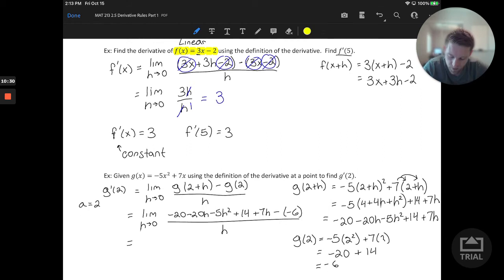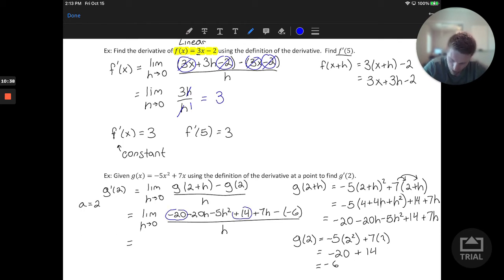So let's highlight those like terms that I just noticed. We have negative 20, 14, and then a plus 6 that pops up. If we add all those together, I believe that's going to cancel out to 0. So those constants go to 0. Let's write the limit one more time before we do cancellations.